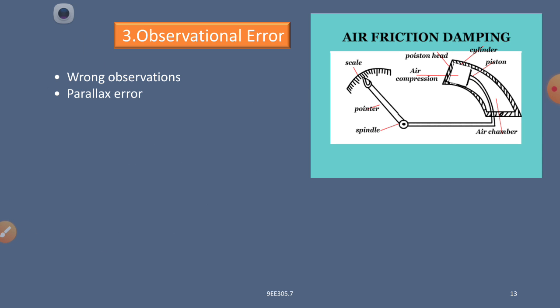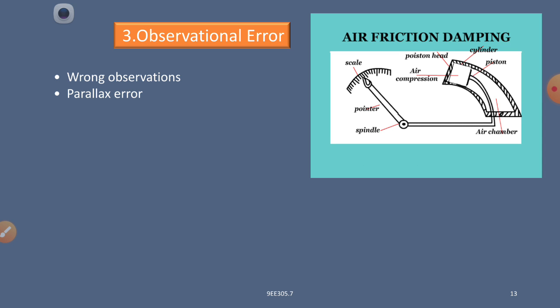For example, if the damping torque is not perfect, then the pointer fluctuates and oscillates at the final position. Instead of being stable, it overshoots and undershoots. In that condition we have to wait until it is stable, and then take the reading. Otherwise we record an approximate value without waiting, and that may lead to error.